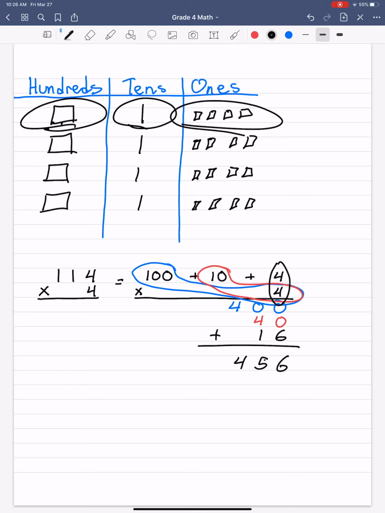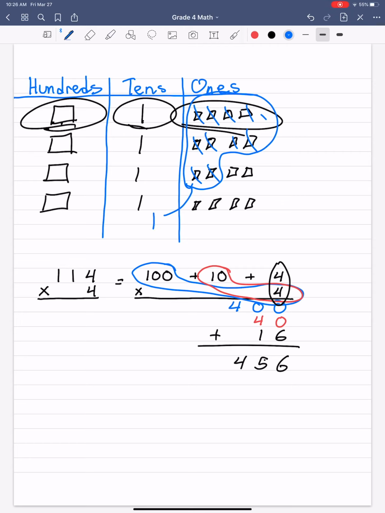And of course, you could just add up your pictures on the place value chart, starting with your ones. So just to show you that it would get the same answer, let's count off 10 ones. 1, 2, 3, 4, 5, 6, 7, 8, 9, 10. So we're going to trade those. We're going to regroup them into a 10.